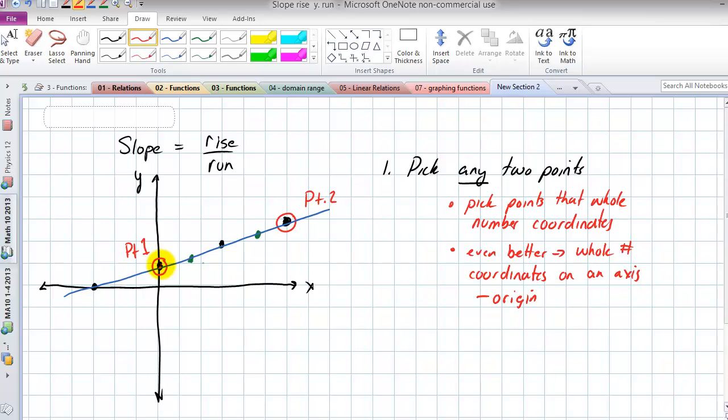So we can maybe talk a little bit about what these points are. Point 1 has the coordinates x1, y1, and point 2 has the coordinates x2, y2. And we're going to use that to calculate what we say is the rise over the run.